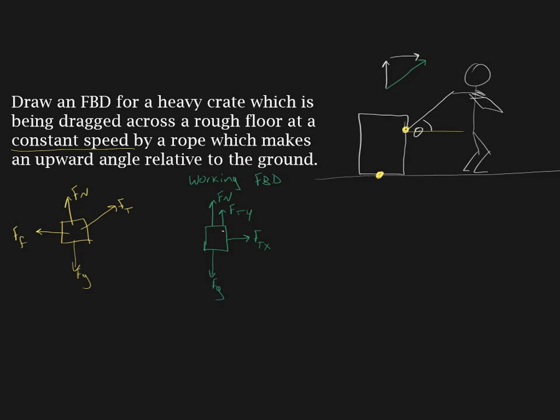Now, because it's equilibrium, we have to have at least two forces pointing in each dimension. It has to be at least two. So if we look at the vertical dimension, we have the normal force pointing upwards and the tension force pointing upwards, but look, we have gravity which is opposing that.